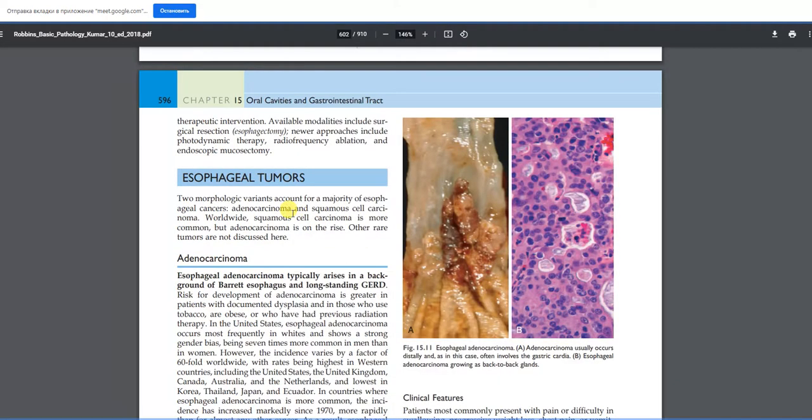So, tumors of the esophagus. The most common is adenocarcinoma. And here again you should have a question: why do we have adenocarcinoma in the esophagus when the esophagus is covered with stratified squamous epithelia? It seems like squamous cell carcinoma should be more common, but adenocarcinoma is actually more common because of Barrett's esophagitis, Barrett's disease.